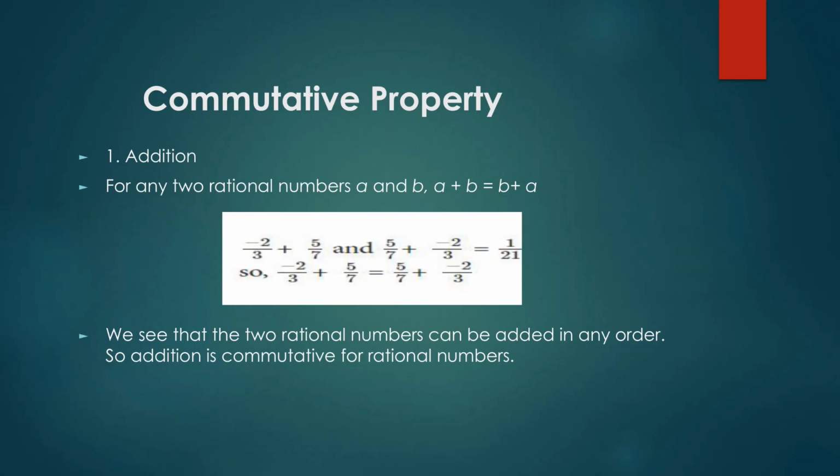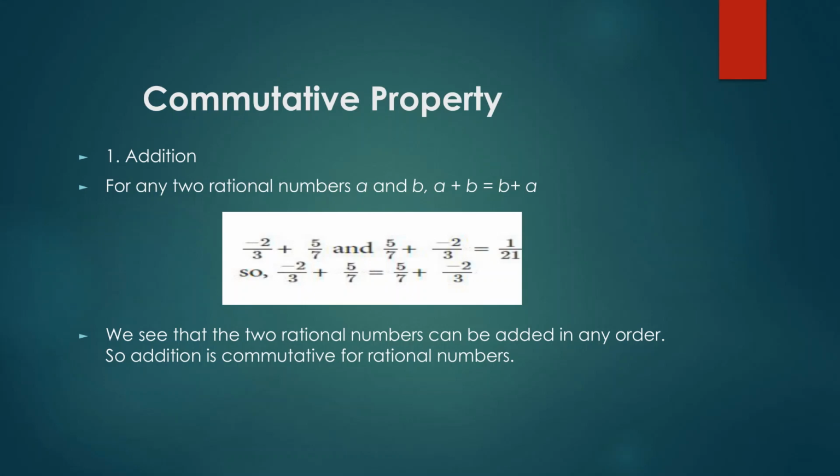If a upon b and c upon d are any two rational numbers, then a upon b plus c upon d is equal to c upon d plus a upon b. See the example. Minus 2 upon 3 plus 5 upon 7 and 5 upon 7 plus minus 2 upon 3.